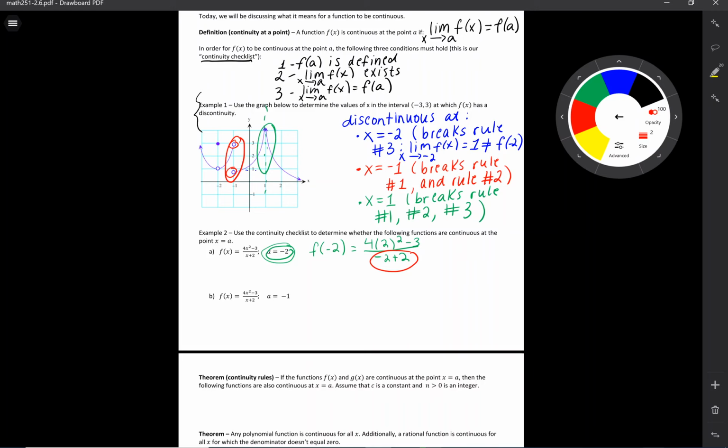I'm either going towards positive infinity or negative infinity, so I am not continuous at the point -2. Not continuous at a equals -2, since f of -2 is undefined. I have a vertical asymptote there.